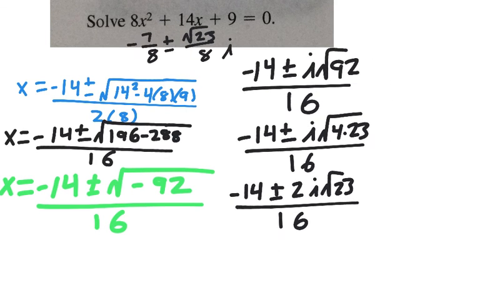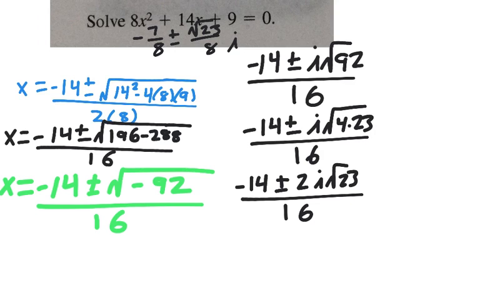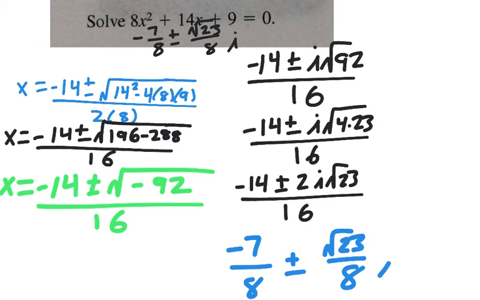Now everything is even, so I can divide them all by 2. So it's negative 7 over 8 plus or minus. The 2 goes away, so I've got radical 23 over 8. And then I bring the i to the back.